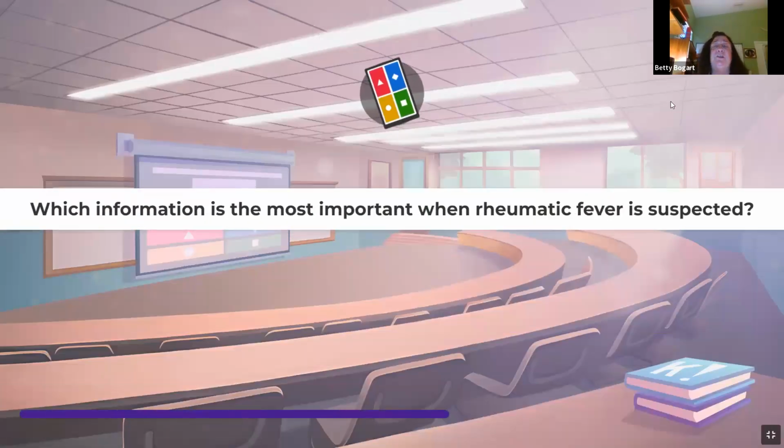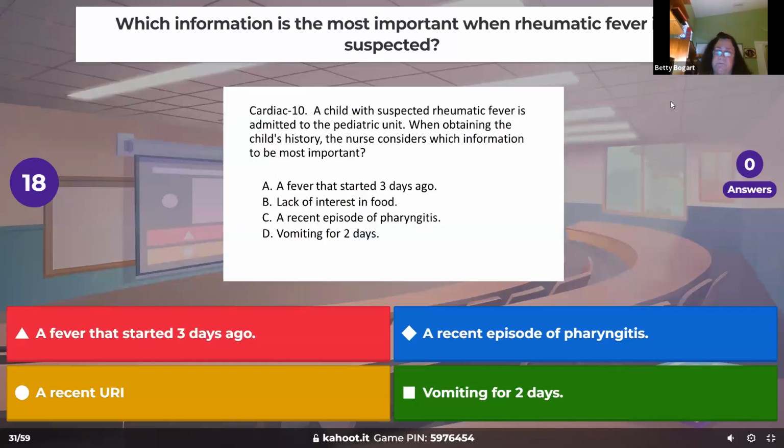Which information is most important when rheumatic fever is suspected? Now, in pediatrics, there are two conditions that are caused when parents don't completely treat strep throat in a child.